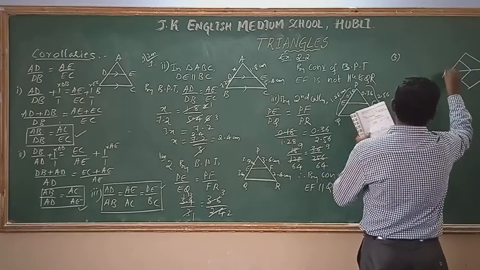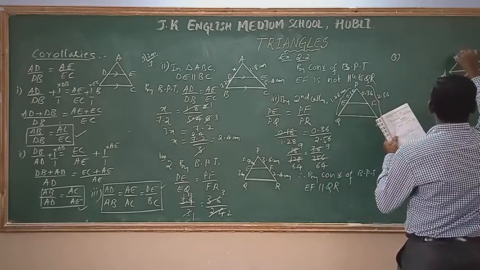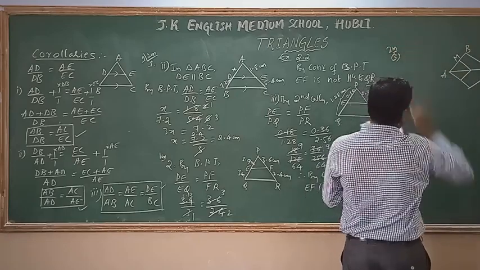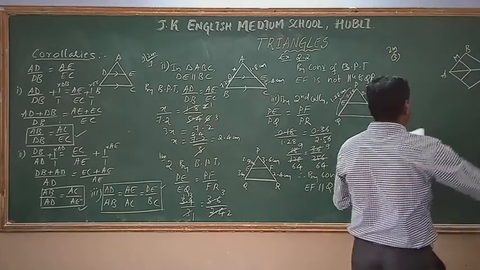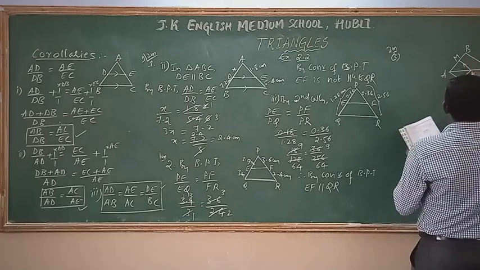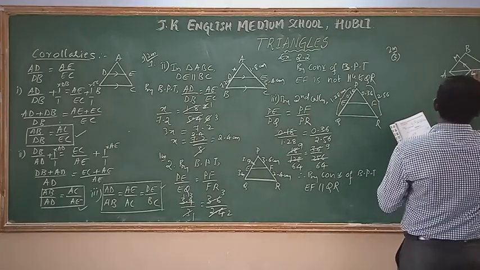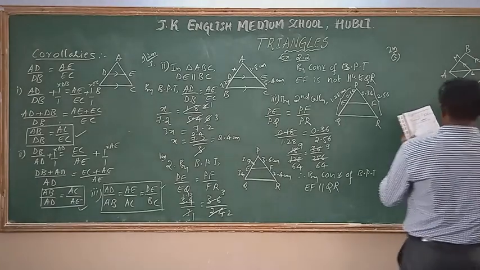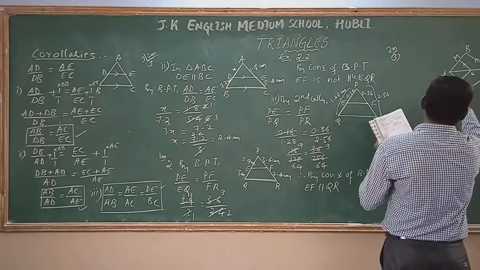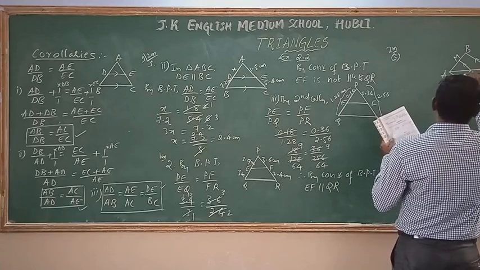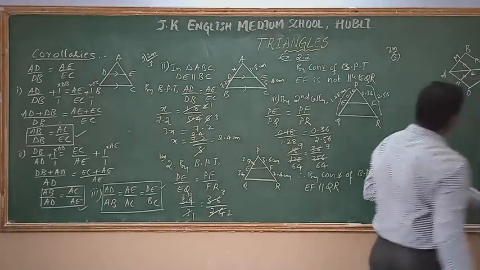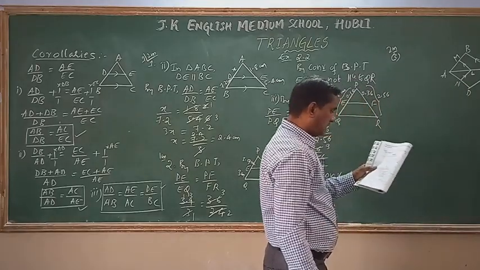It is A, M, and this sum comes in the exam. This is for 2 marks. Here LM is parallel to BC and LN is parallel to CD.